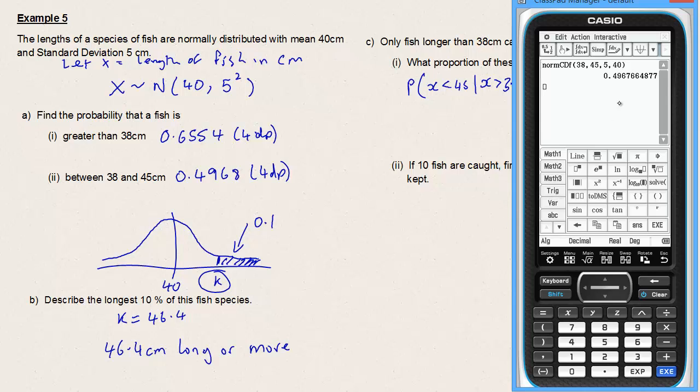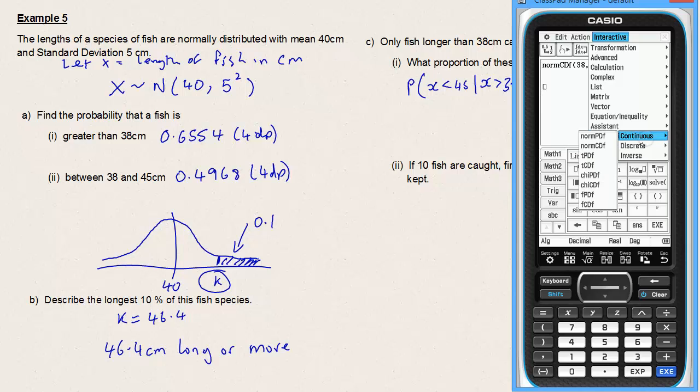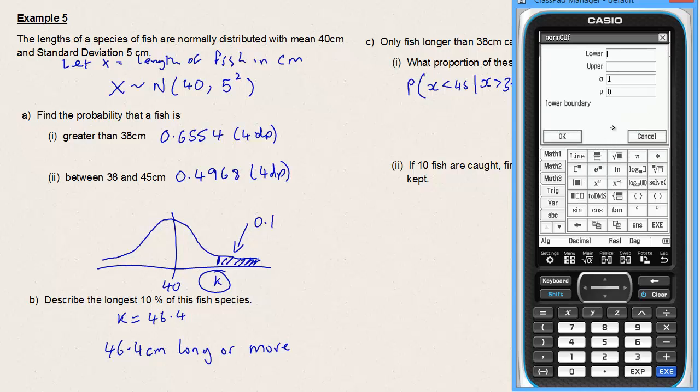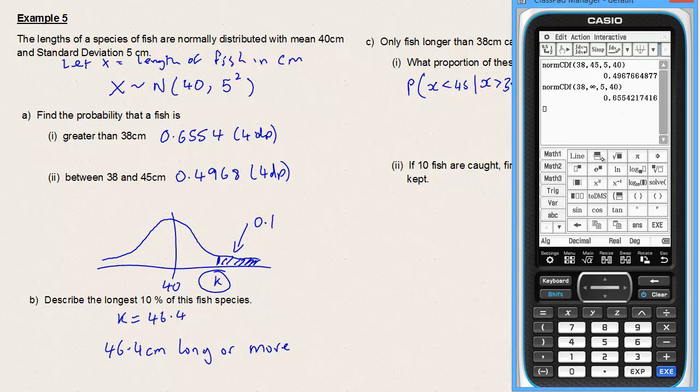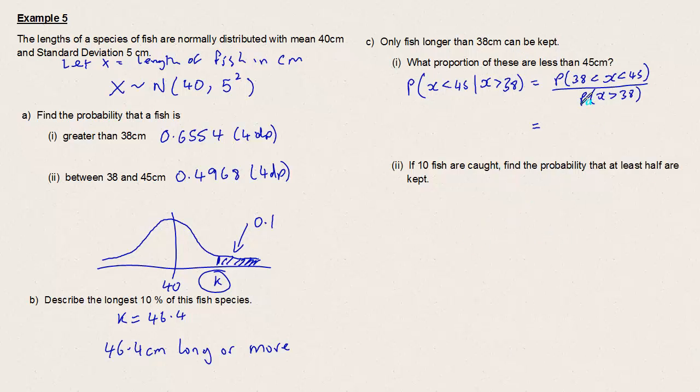So okay, so that's this value here, and then we need to do it again, going from 38, but this time going all the way up. So 5 and 40. And so what we want is this one here divided by this one here, which is 0.7579.